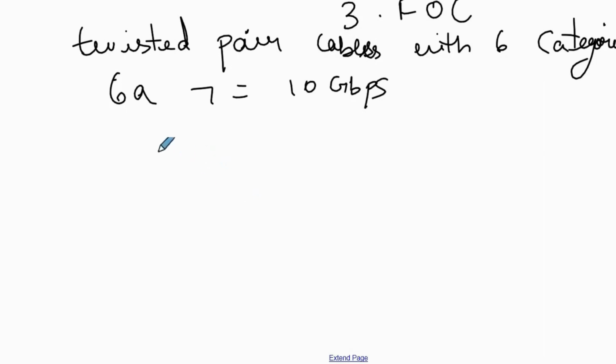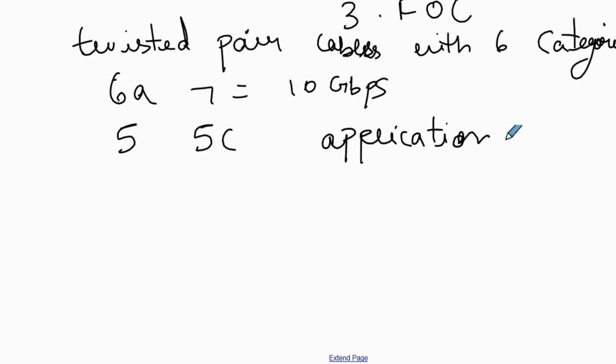Categories 5 and 5e are still used for many existing applications, but they handle lower speeds between 10 Mbps and 100 Mbps.